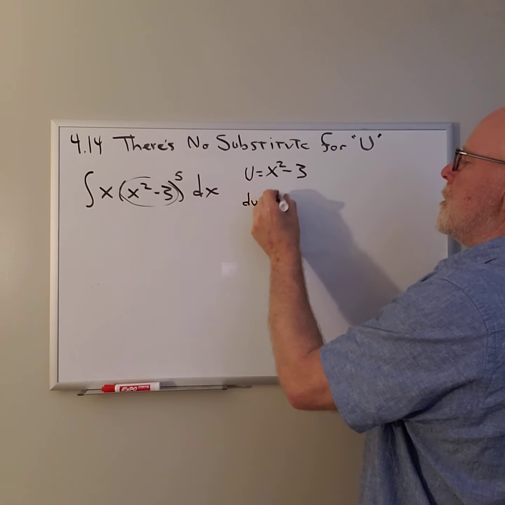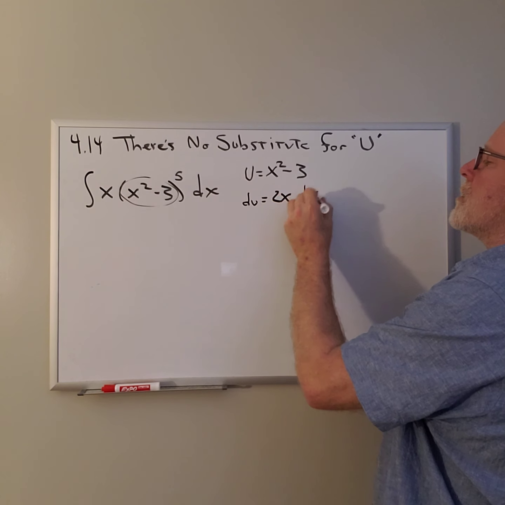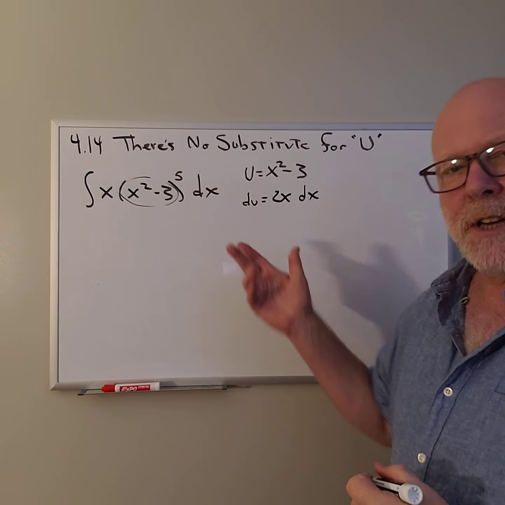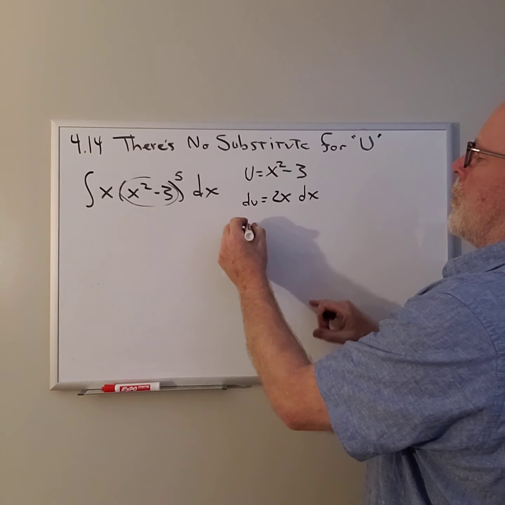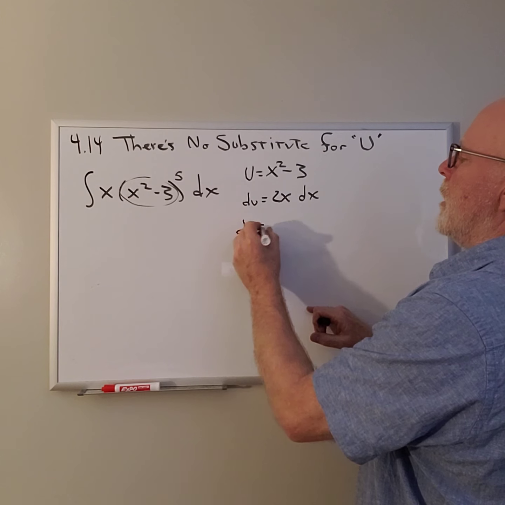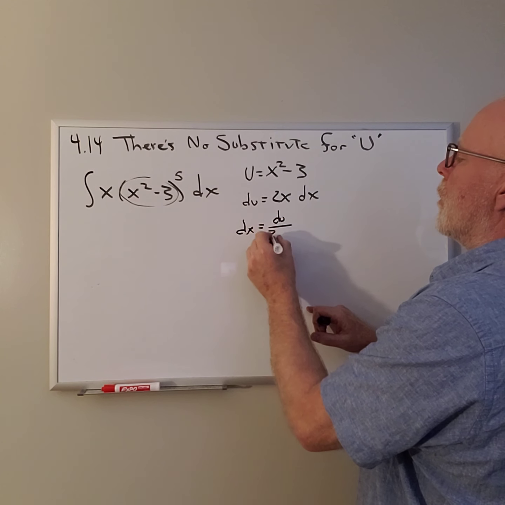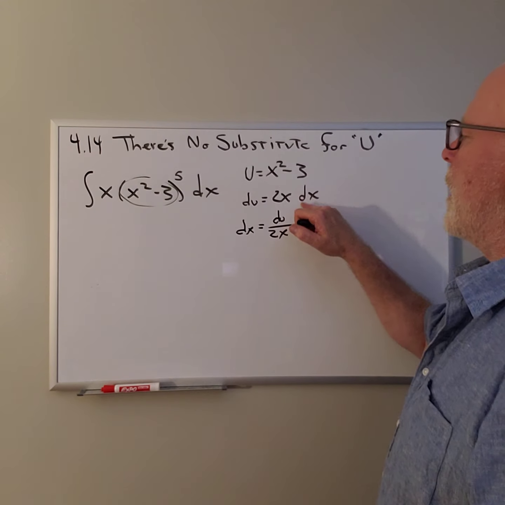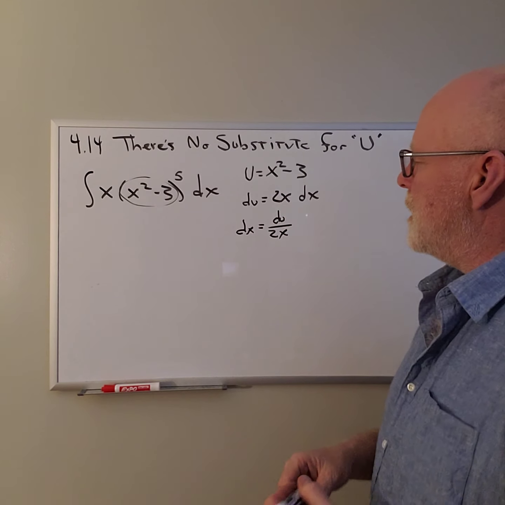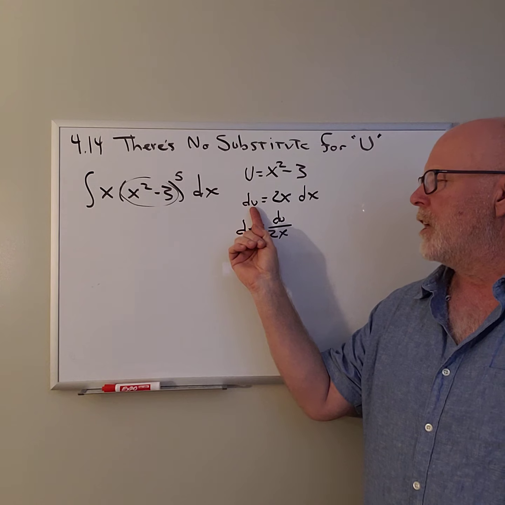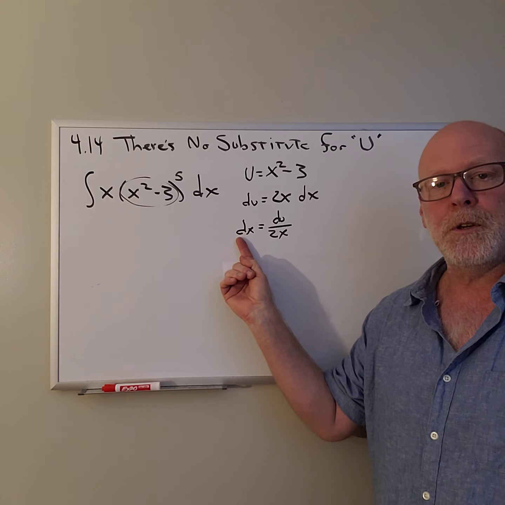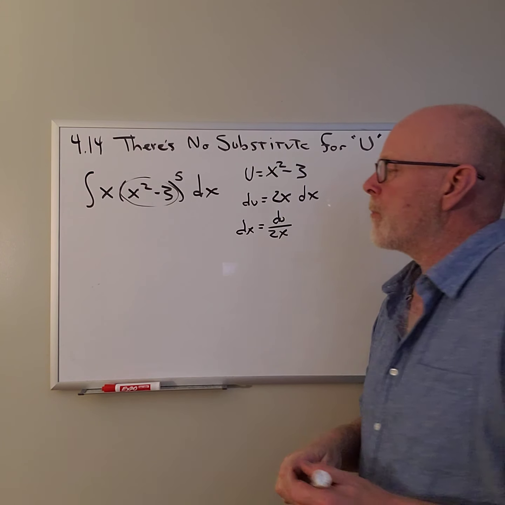du equals 2x dx. A little bit like chain rule there, a little bit like implicit differentiation. And then we're going to do dx equals du over 2x. Right? Dividing both sides by 2x gives us dx. We need to do that because we're not substituting something for du, we're substituting something for dx, so it'll be nice to have it in that form.